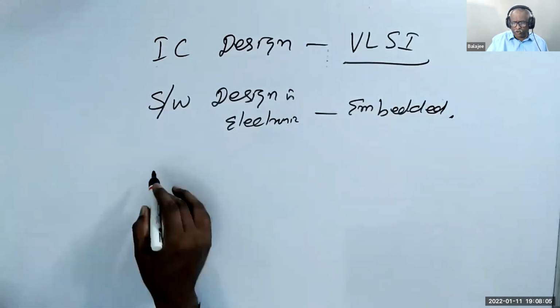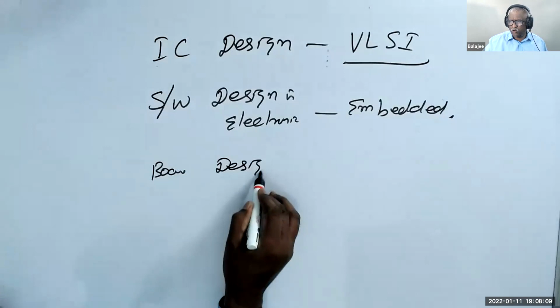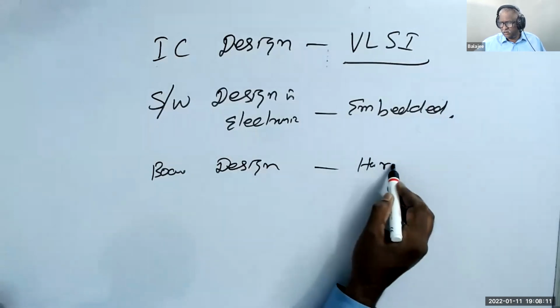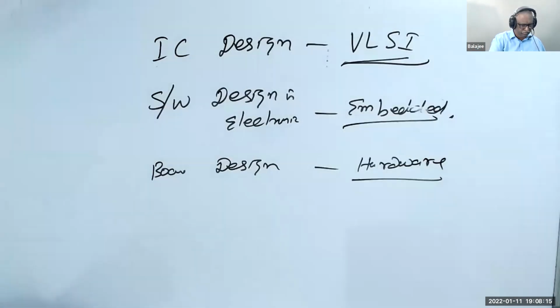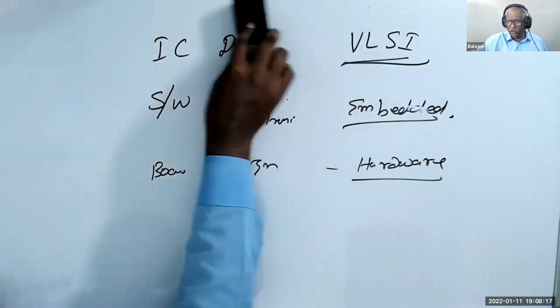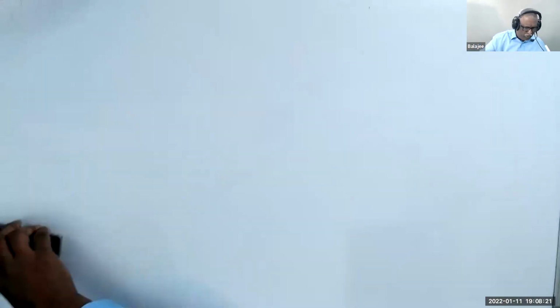The third one is called board design, called hardware. Actually, you have three fields in electronics now. All three have a huge requirement for people, and all three are very interesting. Each one has its own advantage.